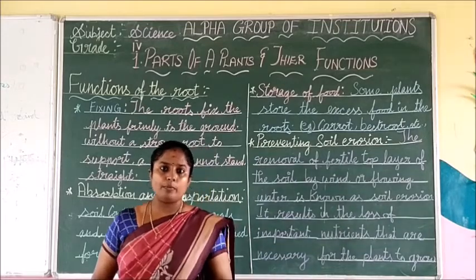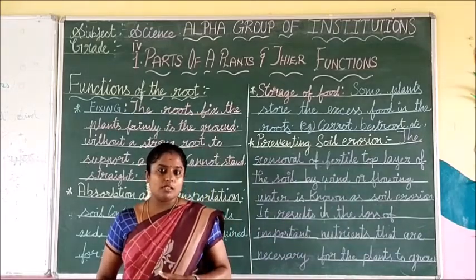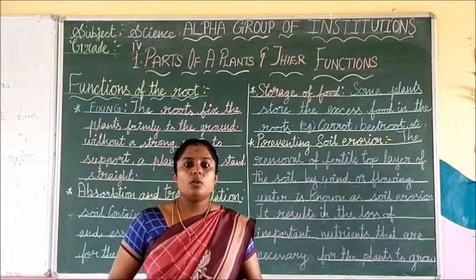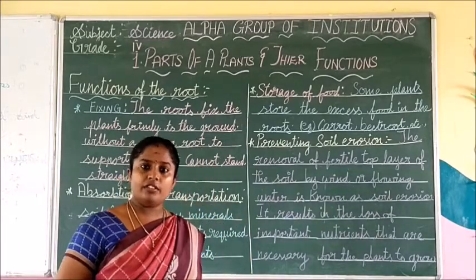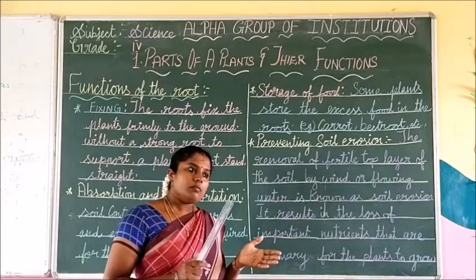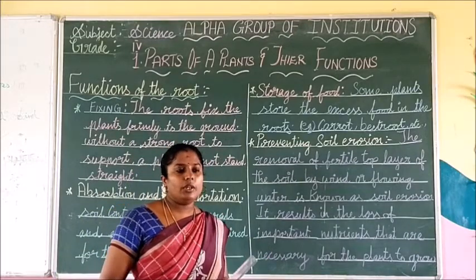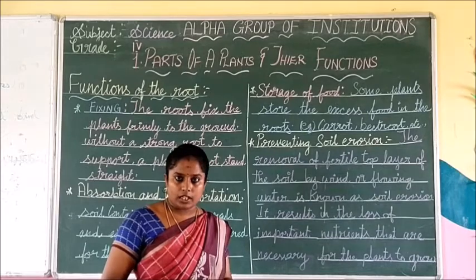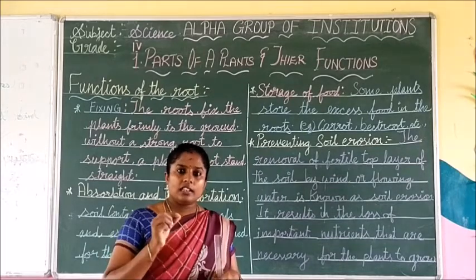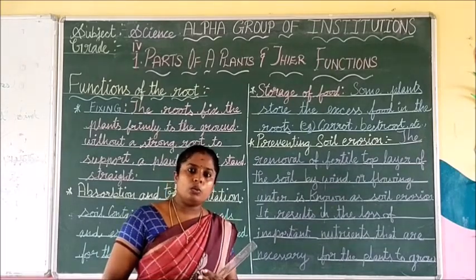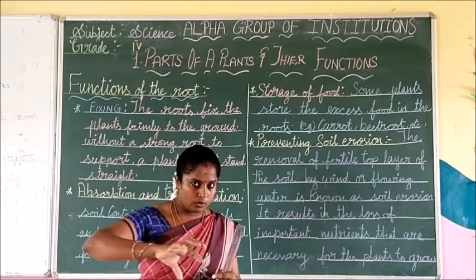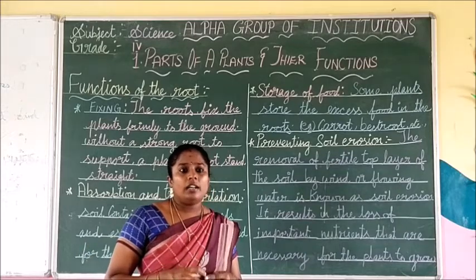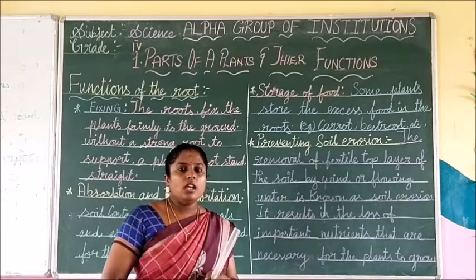If we come to the taproot system, it is divided into primary root, secondary root, root hairs, and root cap. When we come to the fibrous root system, it won't have any primary or secondary root. It will have thick and thin roots. It won't grow very deep into the soil, and it won't get firm in the soil.